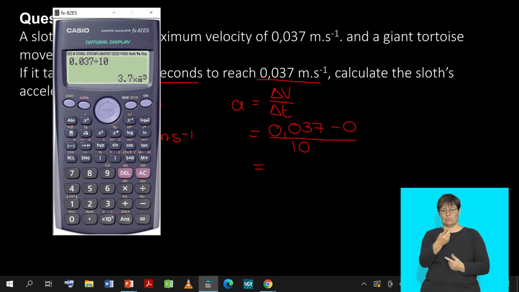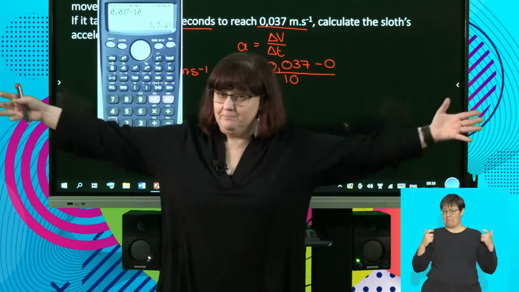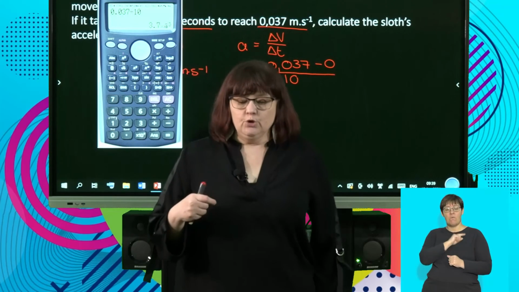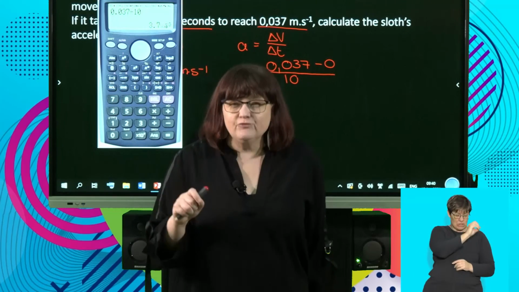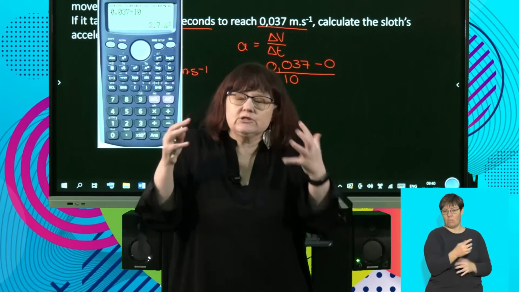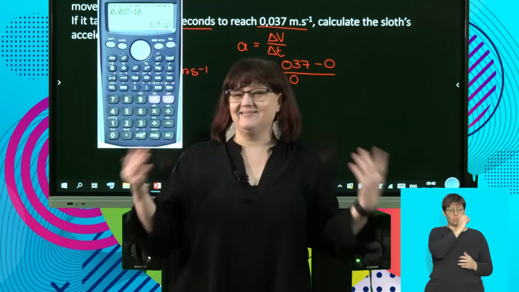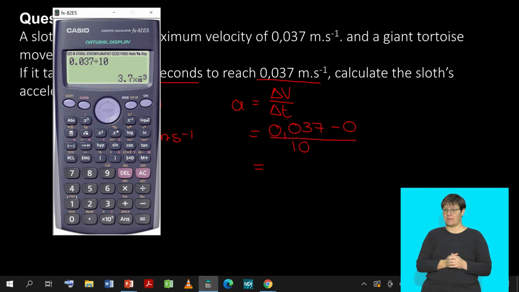You don't have to, but as soon as you get numbers where there's lots of noughts before the number in the decimal, or lots of noughts after the number, scientific notation is actually much better because you're less likely to make a mistake when you write the answer down. When there's lots of noughts, sometimes just because of stress, you either write too few or too many, and then the answer's wrong. So I'm going to keep it in scientific notation. I'll show you what it is out of scientific notation in a second.